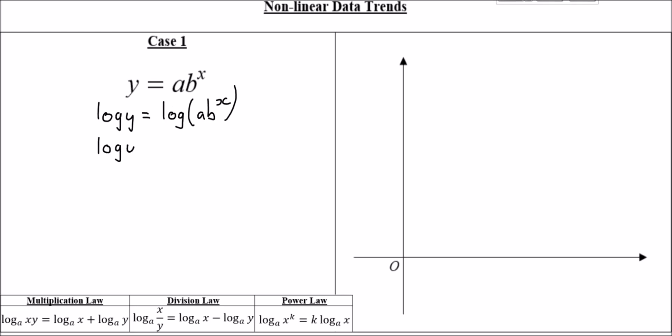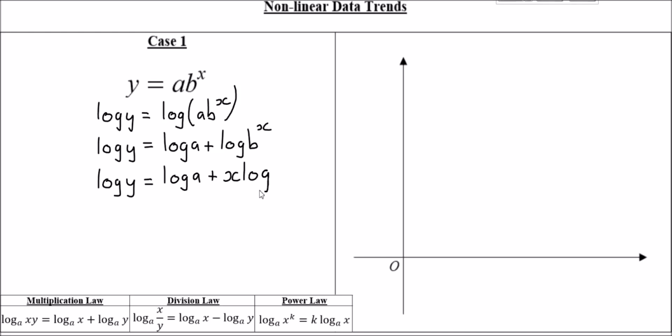So log y, we can use the multiplication law, split this product into two separate logs. So we have log a plus log b to the x. Then that final power, we can bring the power to the front, which gives us x log b.